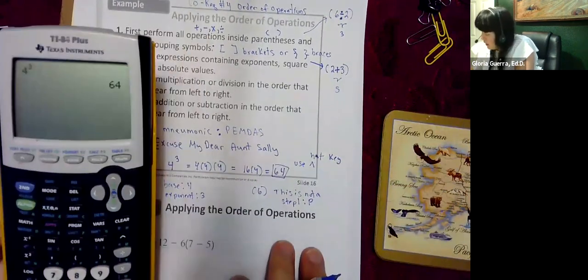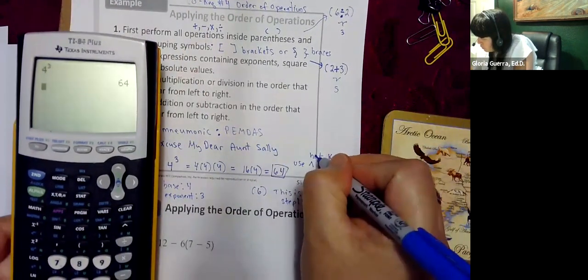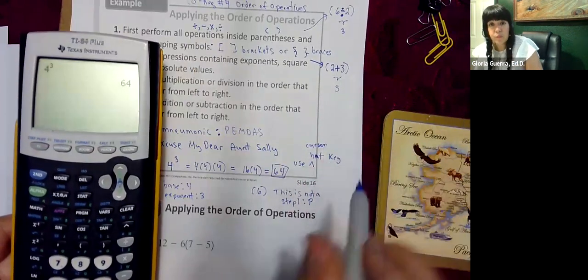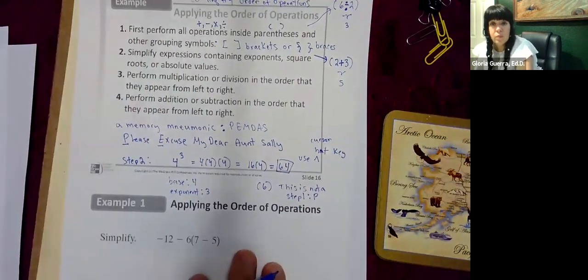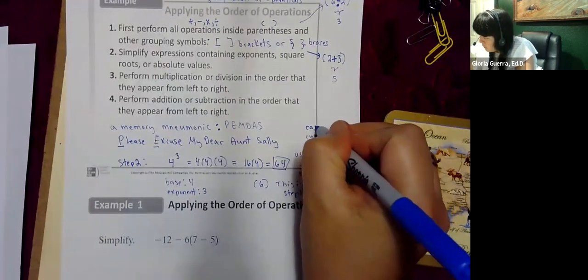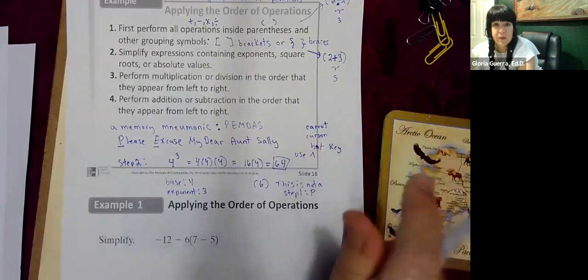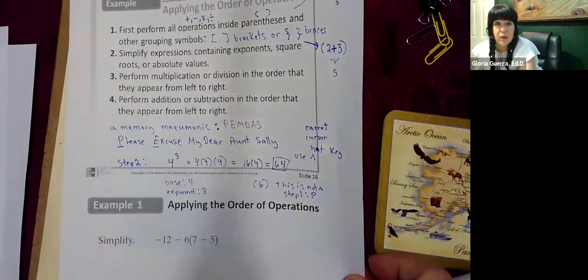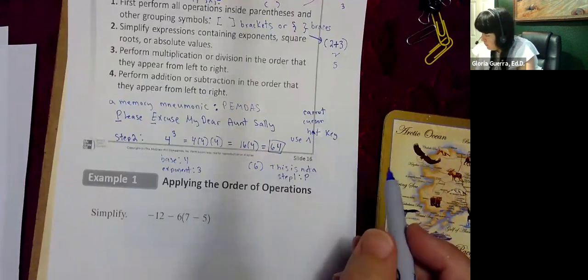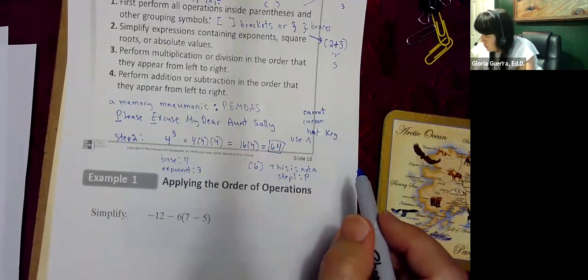Hat key, or maybe a cursor key. Or caret, sometimes it's called a caret key. I'm not sure if they spell it the same way as carrot, but caret, cursor, hat key. All right. So that's exponents.